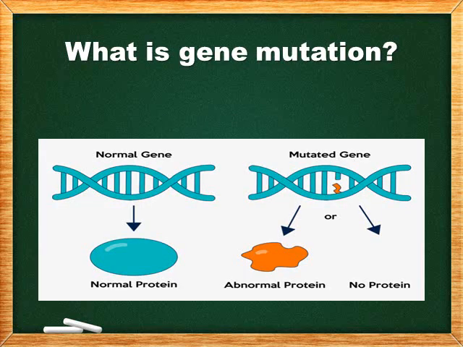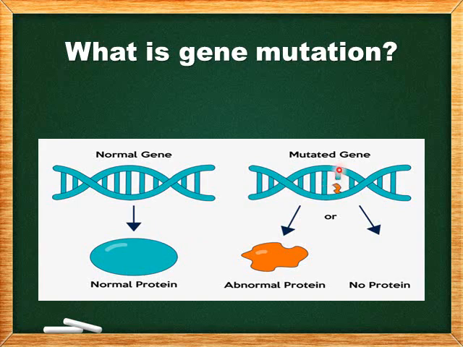Let's remember together what do we mean by a gene mutation? Gene mutation is once the normal gene, which is responsible for synthesis of a normal protein, is hit and it becomes an abnormal one.